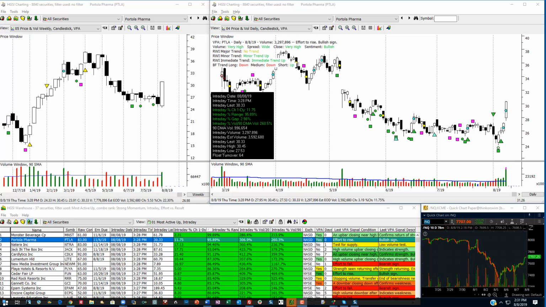That's not to say there aren't a bunch of dogs that appear in there, because there are. But I'm going to try to give you an idea of what to look for. And the main thing to look for is the stocks which keep reappearing in the list.